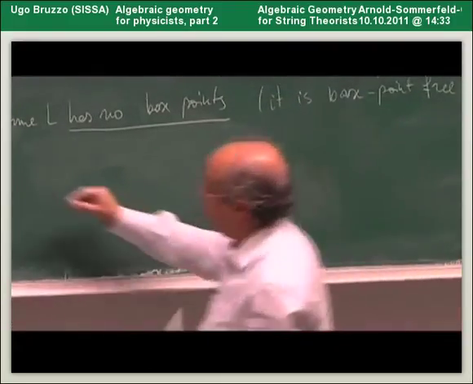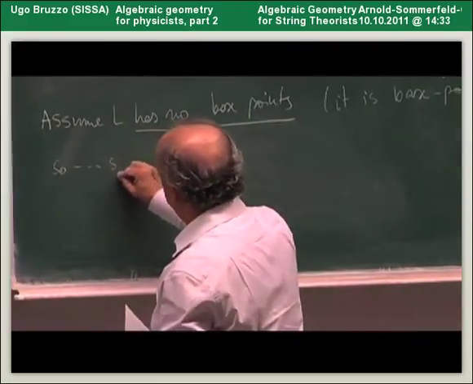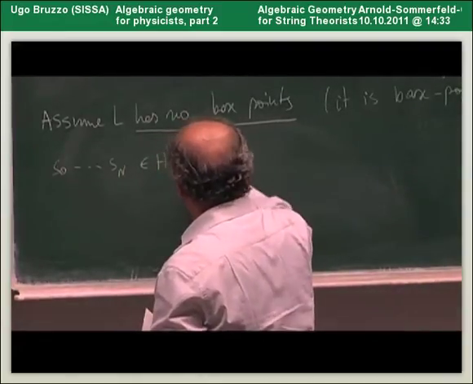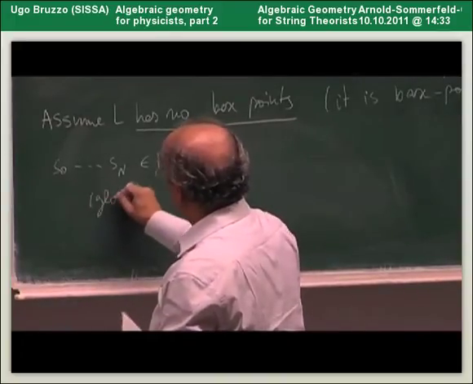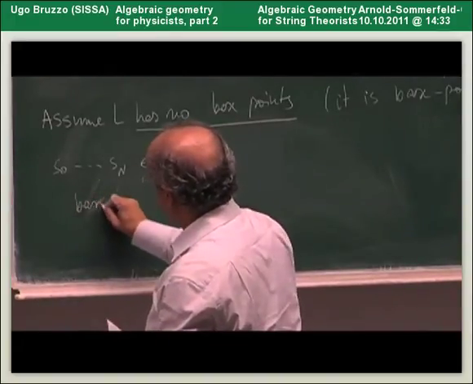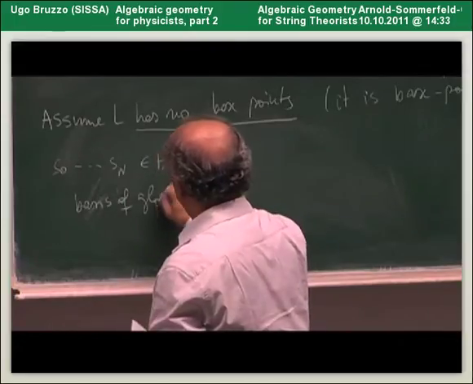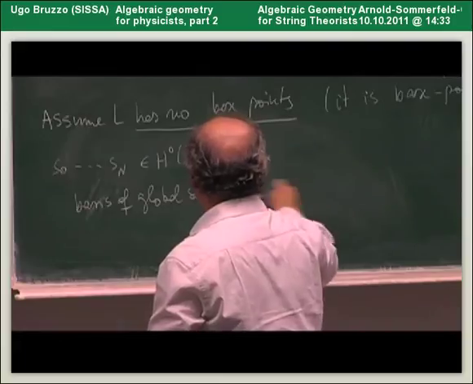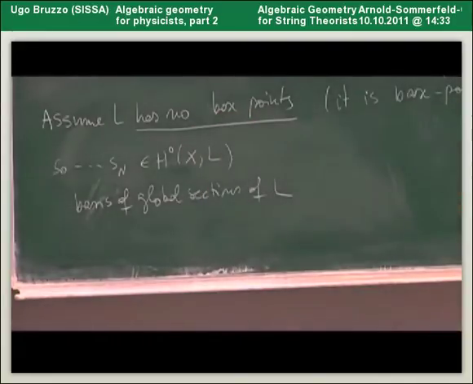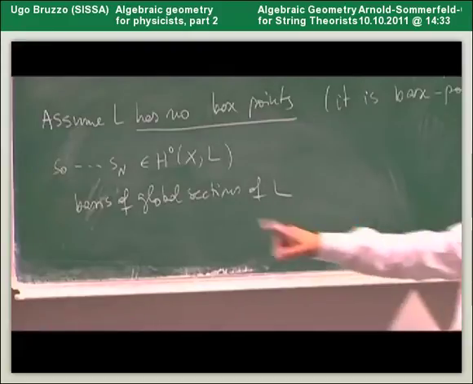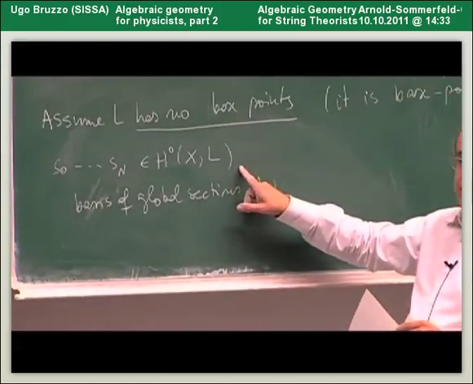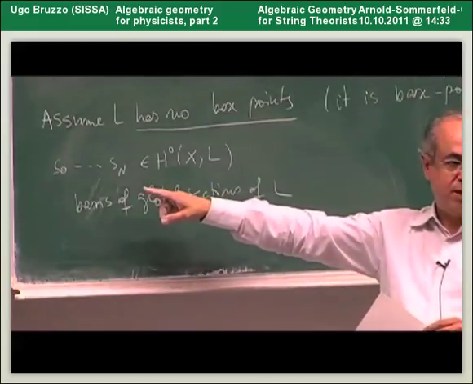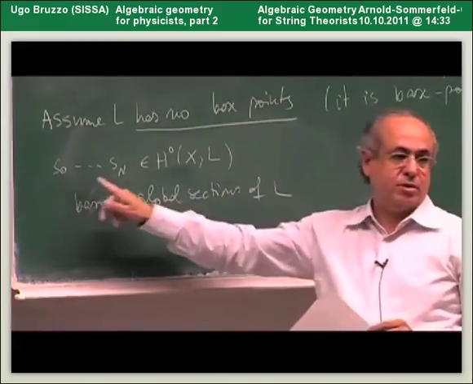Because now I want to take some global sections. According to what I said, they are elements here, a basis of global sections of L. I said already that the global sections may be identified with the zeroth cohomology group. This is a finite dimensional vector space. It will have some dimension that we call n plus 1. And we take a basis of sections.